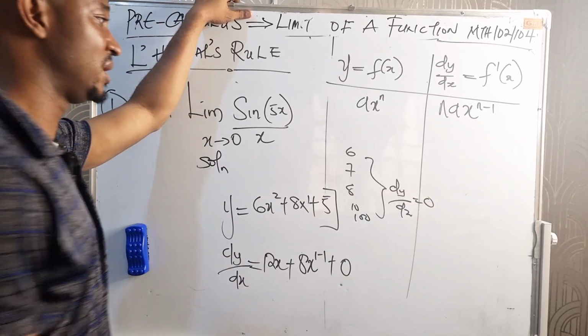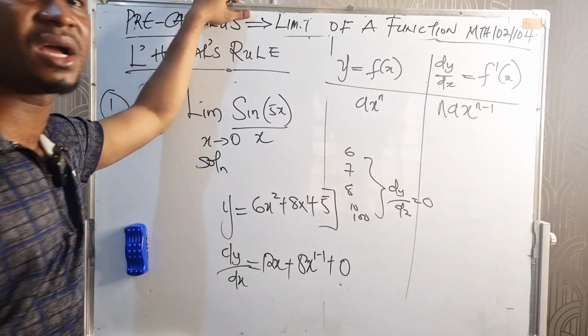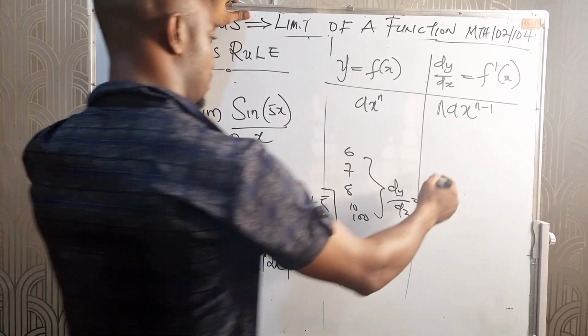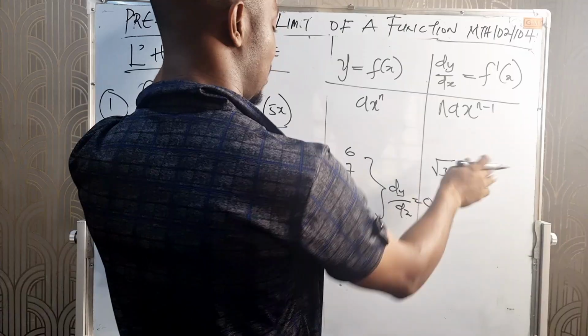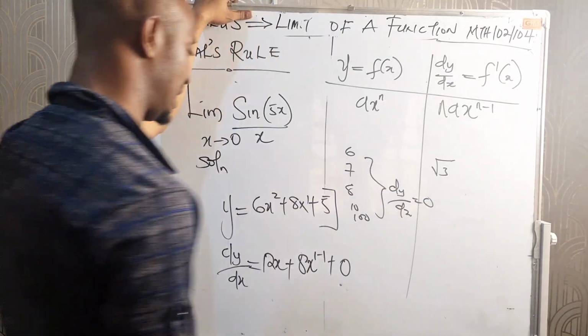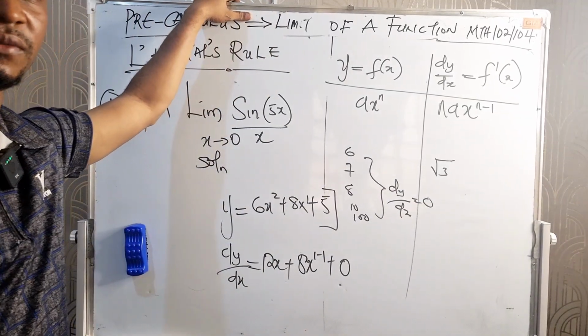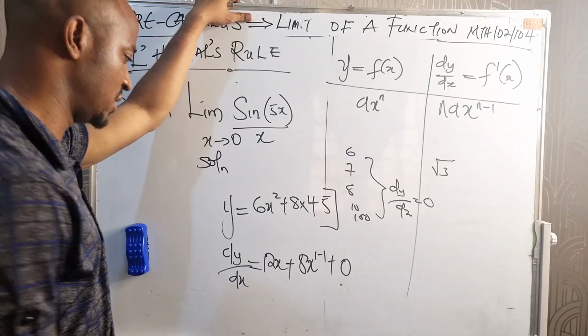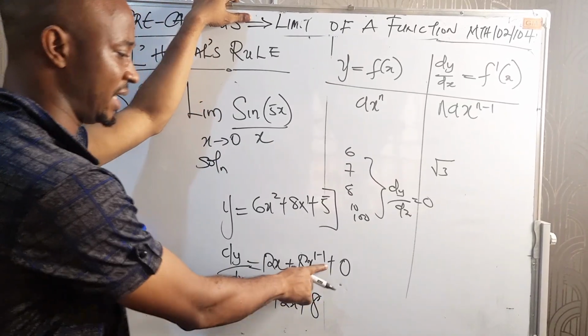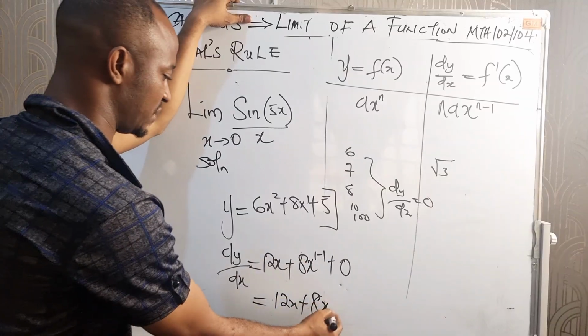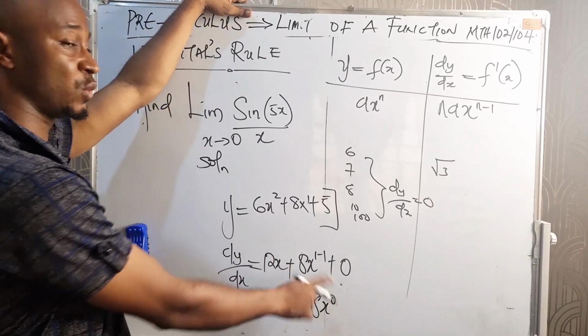Any constant value, whether negative or positive, whether a fraction or even root 3, these are just constant numbers. They have a dy dx, or derivative, of 0. Just take note. So this becomes 12x plus 8. The power of x here is x to the power of 0, because 1 minus 1 gives us 0.